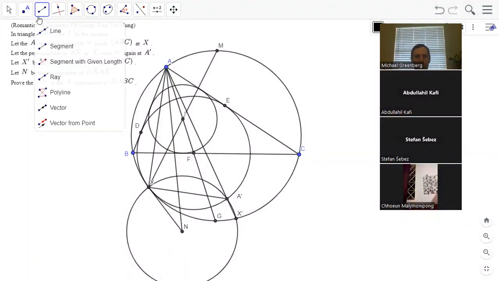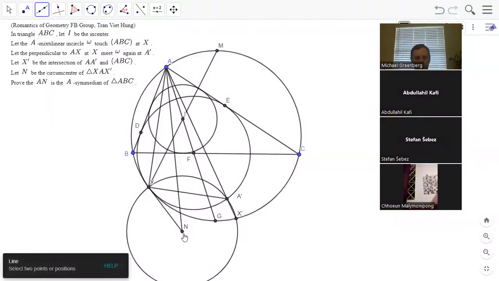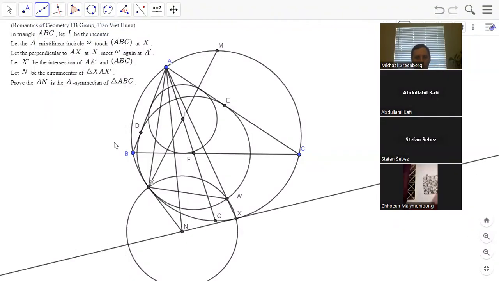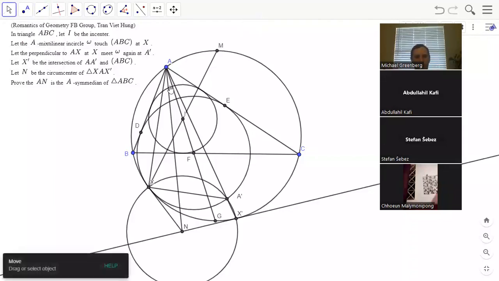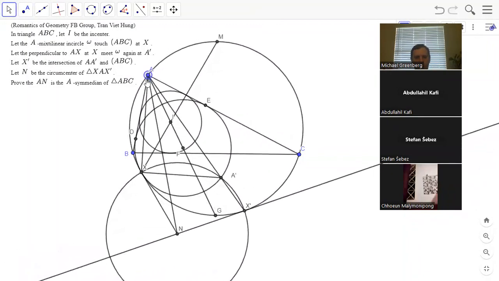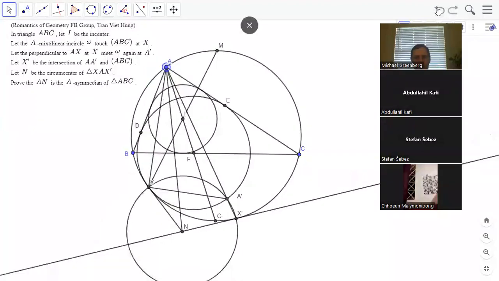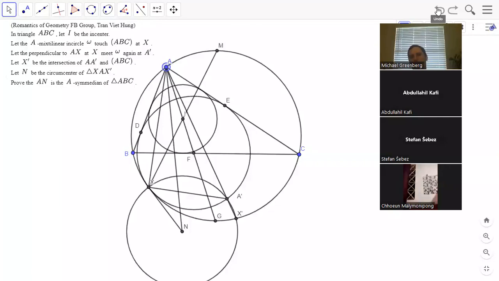And maybe NX prime is also tangent. It sure looks like it. So let's think about that. Well, if NX is tangent, then by symmetry, NX prime should also be tangent. And it's probably easier to show NX prime is tangent, I would think.